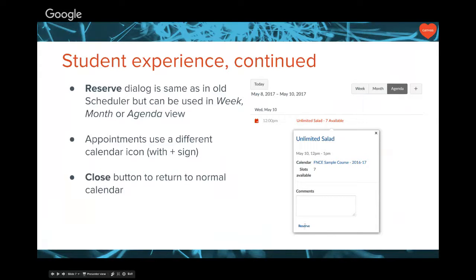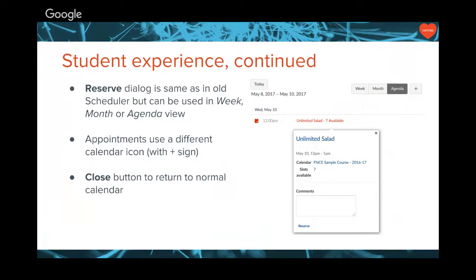And the reserve dialog itself is really unchanged from old Scheduler if you're used to that. It tells you the name of the appointment group. For calendar, that's really what course is it. If the teacher is only wanting a certain number of students to be able to sign up for a time slot, that limit is shown to the student.